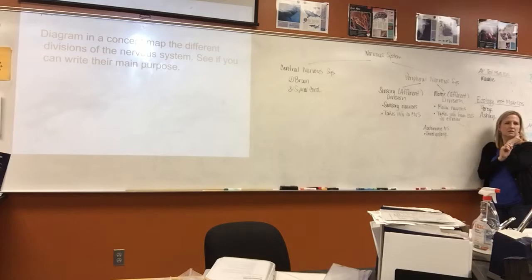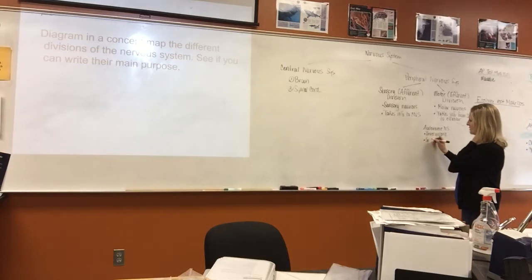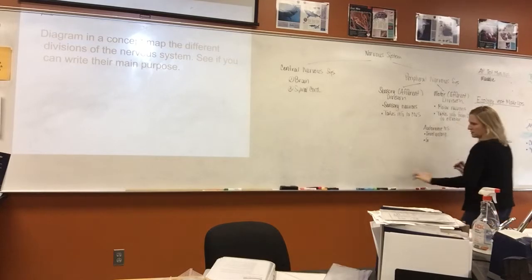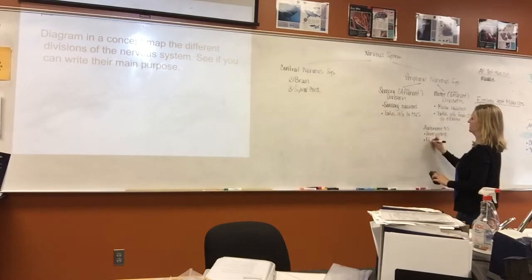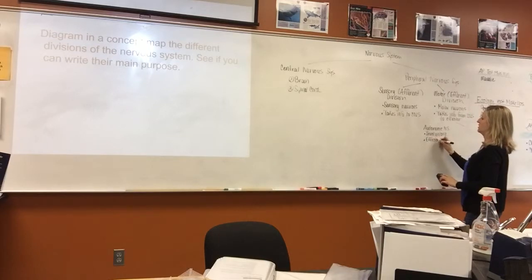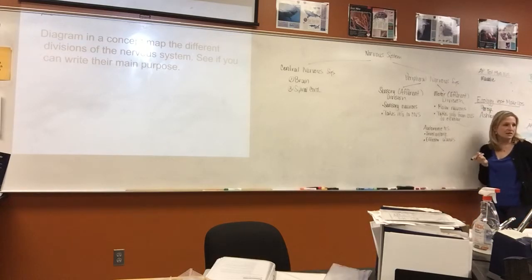Maybe like glands or hormones? Yeah, glands. All right, so I should write the effector here is glands, which could stimulate to release hormones and things like that. What else?